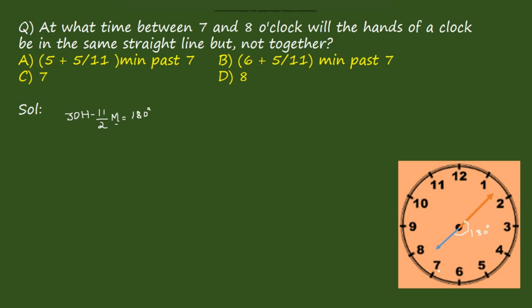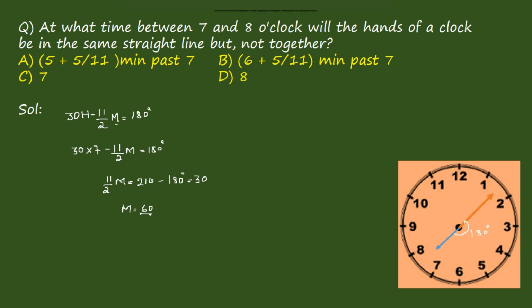H is 7, so it becomes 30 into 7 minus 11 by 2 m equal to 180 degrees. Then 11 by 2 m is equal to 7 threes are 21, 210 minus 180 degrees, which is equal to 30.